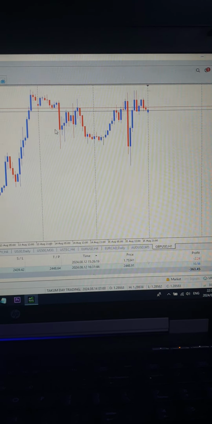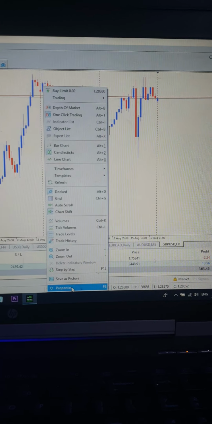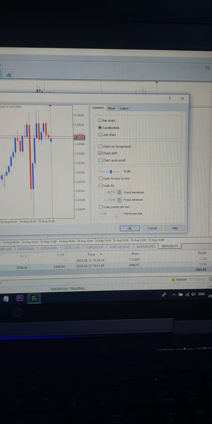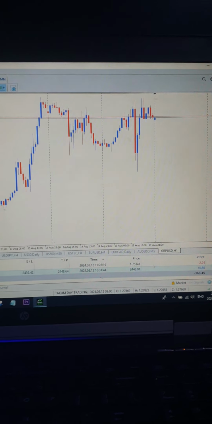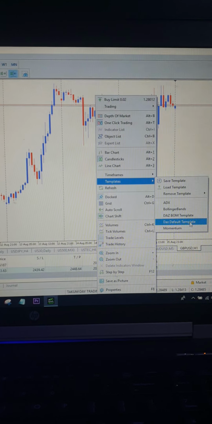If you want to customize your chart, you go to property. When you go to property, it comes to common, you set it here. Like I said, I'm going to show you guys in my subsequent video. But if you want to select the template, you just come to template and select a pre-saved template.